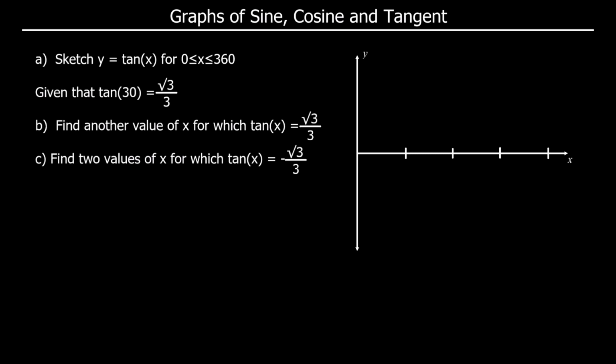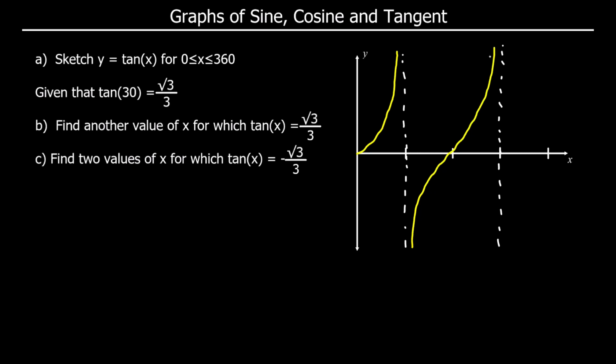So it's the tan graph. This time it repeats every 180 degrees. And we've got these asymptotes. So it goes up through 0, 0, through 180, 0, and through 360, 0, 90, 180, 270, 360.